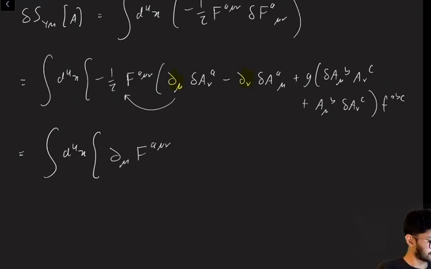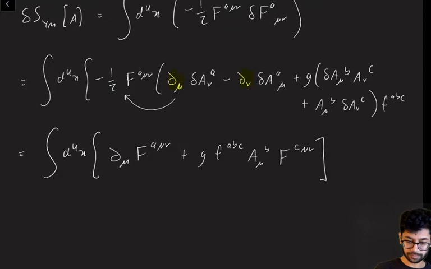Then relabeling indices on the second term, I get a term that looks like this, f^abc A^μ_b, and you can check that the other terms assemble together to simply make this into F^c_μν. The whole thing is multiplied by this variation, δA. Yes, now it works.